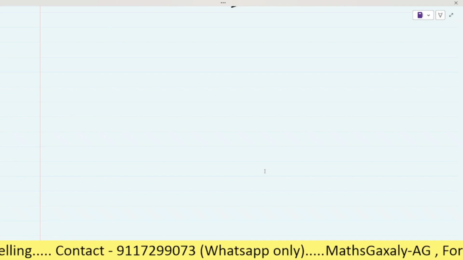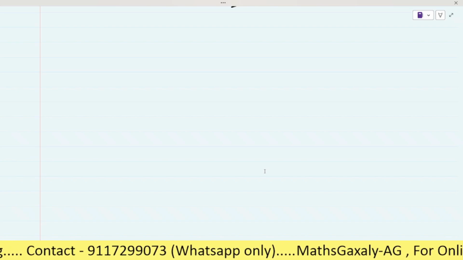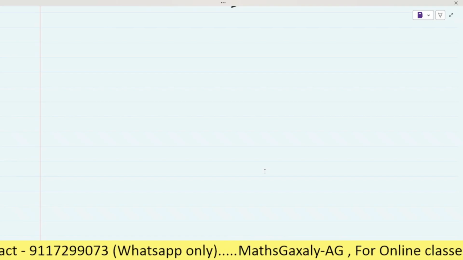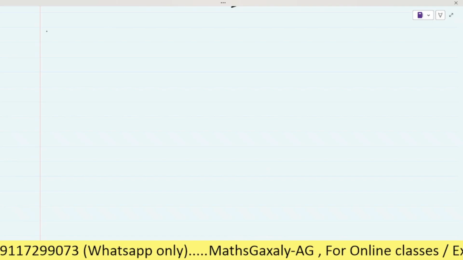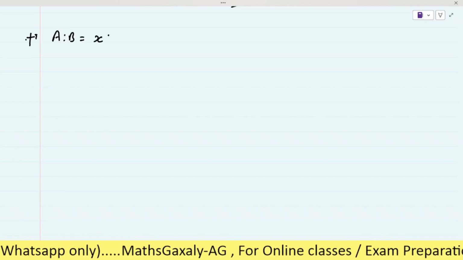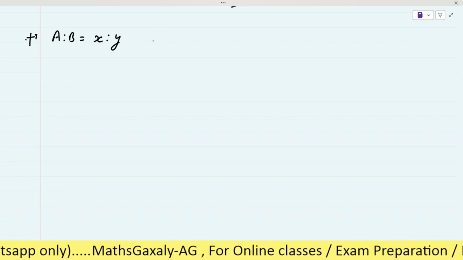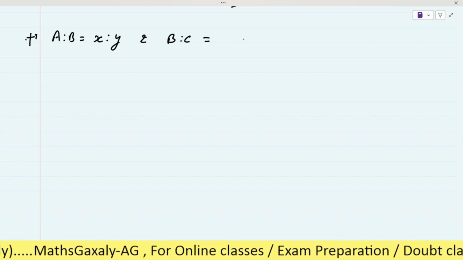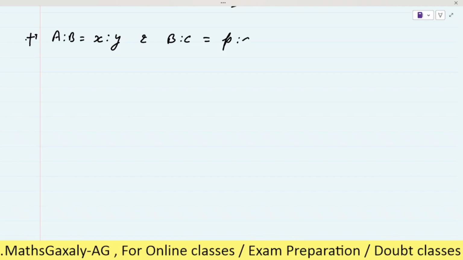Okay. Now let's see here. There are some basic points which we have to learn here, or you can say it is also a trick. Suppose the value of a is to b is x is to y, and b is to c is equal to p is to q.